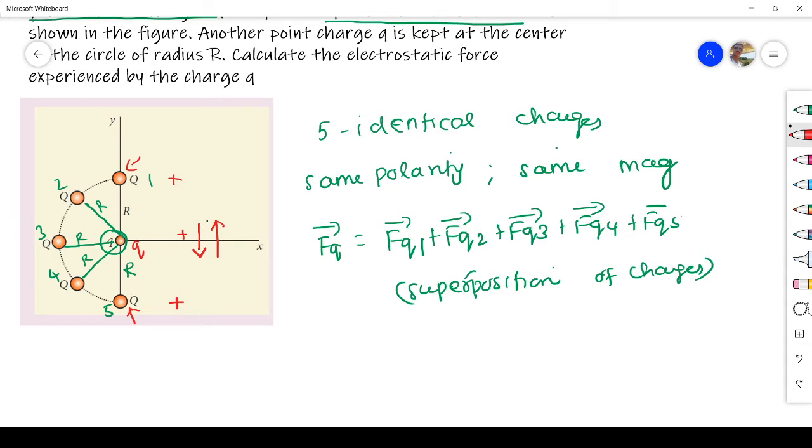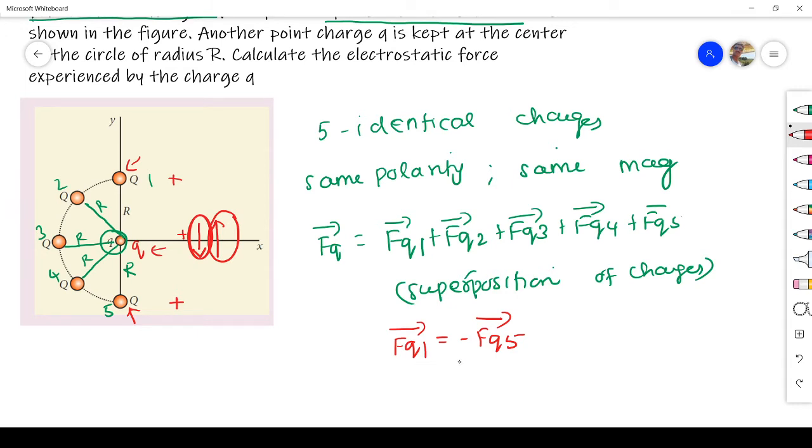So the force generated by q1 is cancelled by the force generated by q5 on small q. The force generated on q by 1 is exactly opposite to the force generated on q by 5. Yes or no? Because they are at the same distance and have the same magnitude, but they produce force in opposite directions.